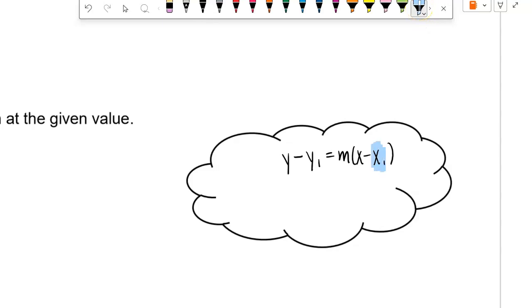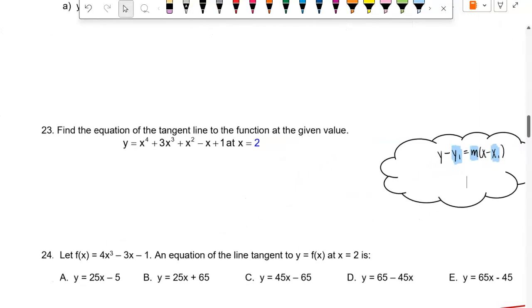If they don't give you y, you have to plug your x into the original function and solve for y sub 1. Then you use the derivative, plug in your x, and figure out what the slope is. You can manipulate point slope form into slope intercept form if you'd like, but you can just leave it like this unless there's a multiple choice question that doesn't give you this form, like I believe number 24 does not.